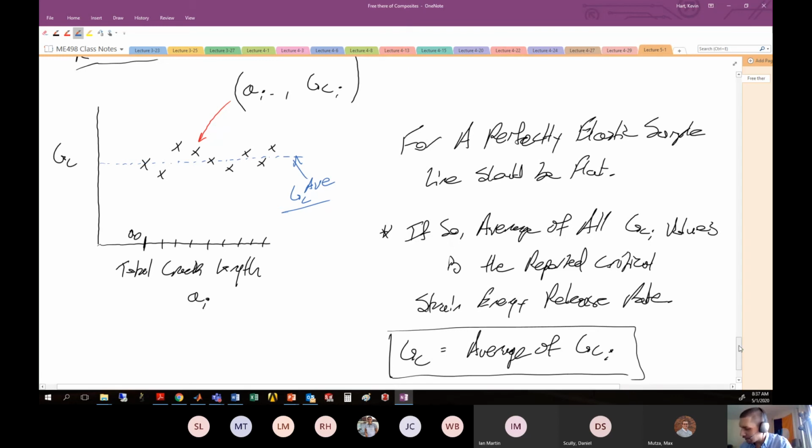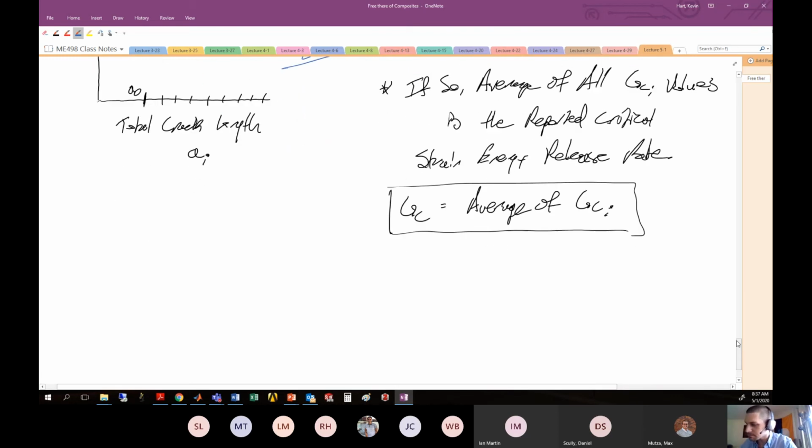And so this here is a material property, much like elastic modulus is a material property.